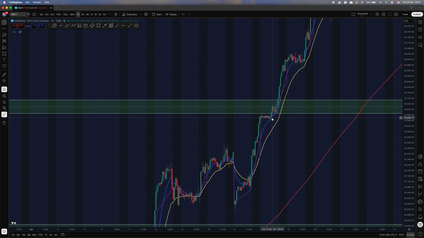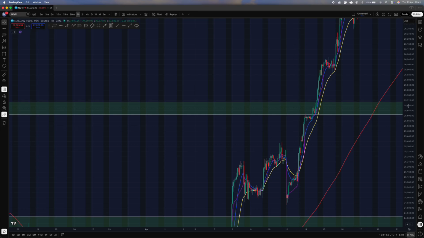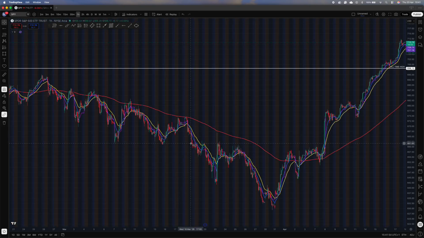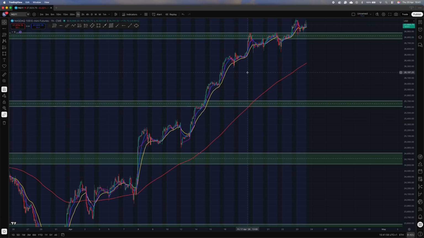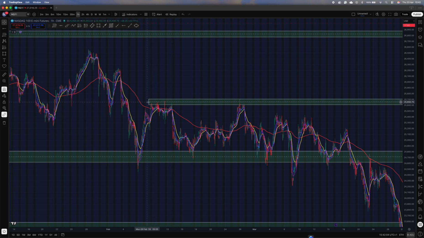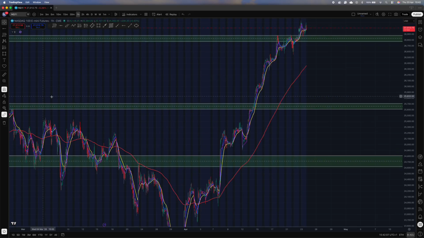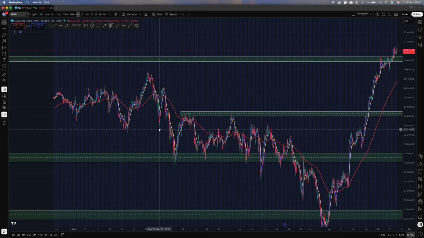Now this was in an overnight session, and we just see continuation in the overnight session, so it doesn't really respect it too much. But I know that if price was to come back down to this area, after having done this rejection, likely price is going to bounce in this level right here. So I have that right there.